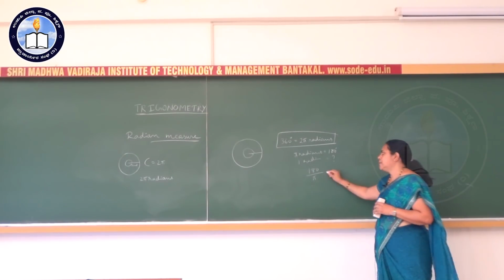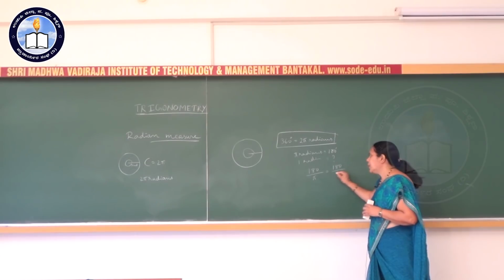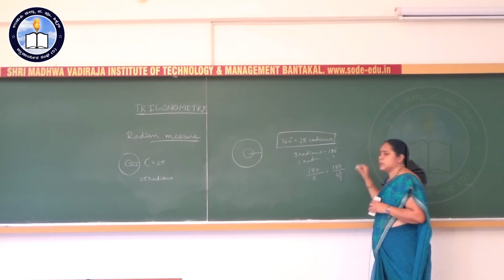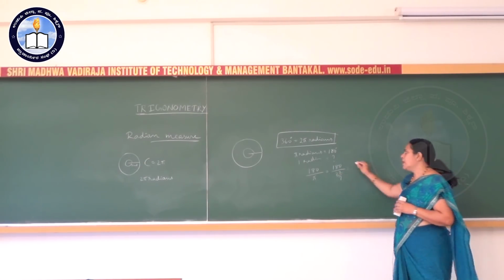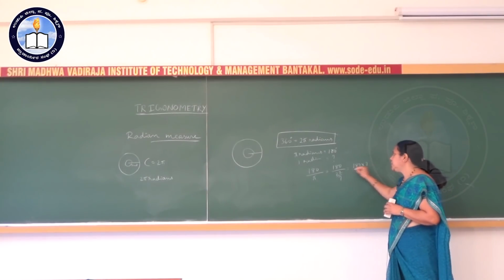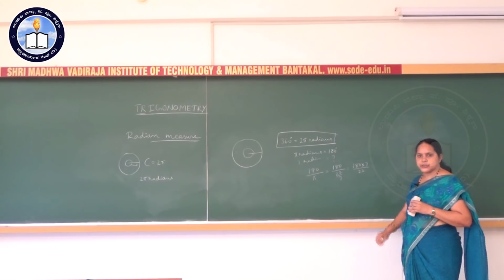180 divided by pi is equal to 180 divided by 22 by 7, which is the same as 180 into 7 divided by 22.